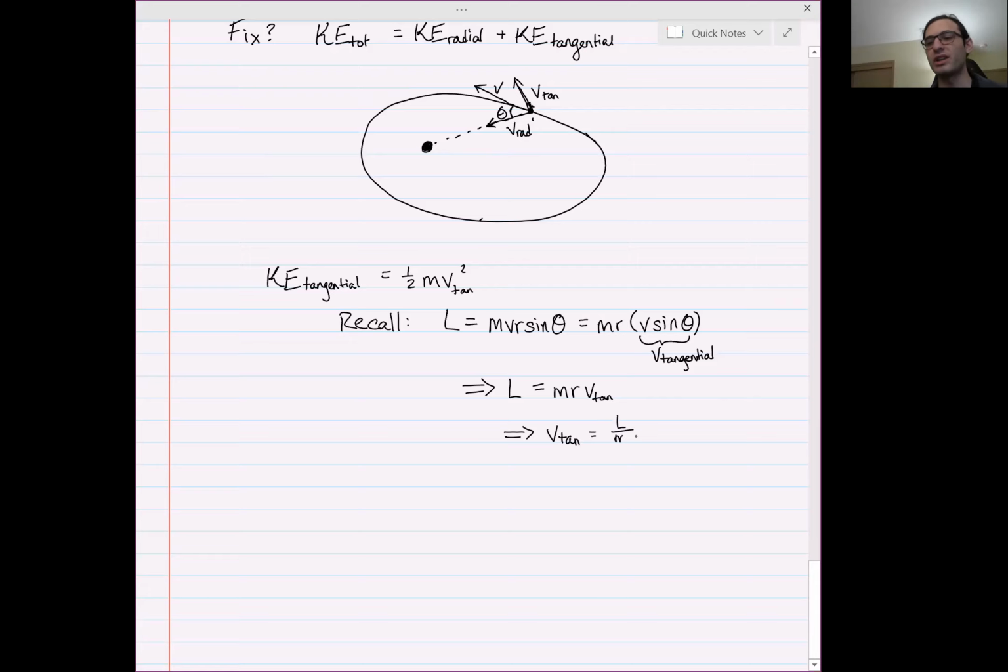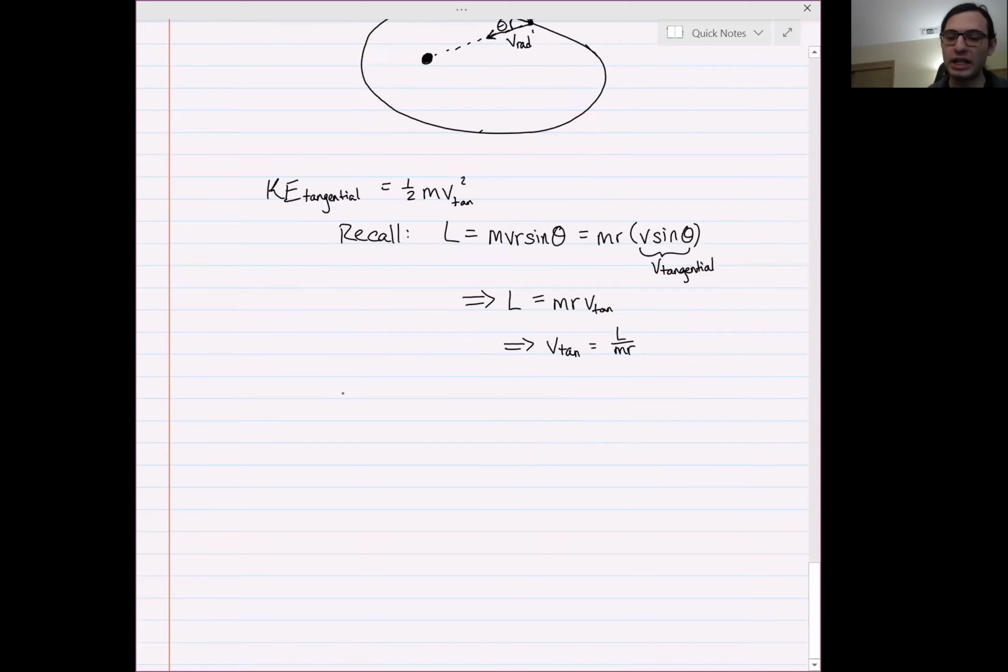And now we can rewrite the tangential part of the kinetic energy in terms of just the distance r and something that's constant, L. The tangential kinetic energy is just L squared over 2 m r squared.